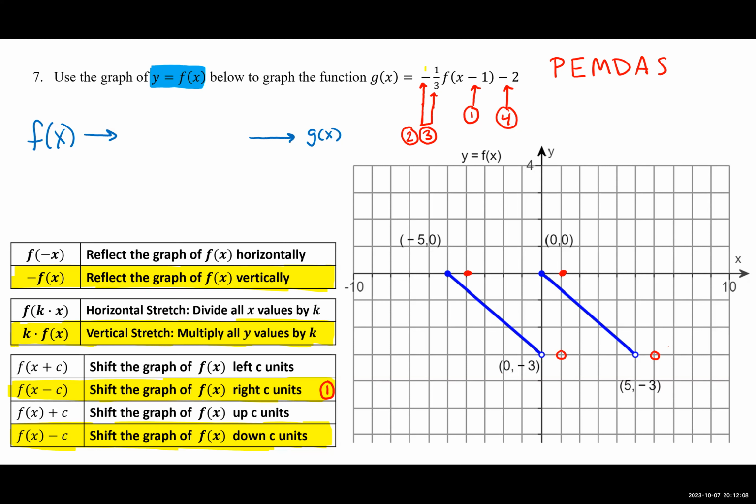So every point is shifted over to the right by 1. If we wanted to draw the graph of f of x minus 1, we haven't done the negative sign, the 1/3, or the -2. Just the -1 on the inside takes the blue graph and turns it into the red graph.